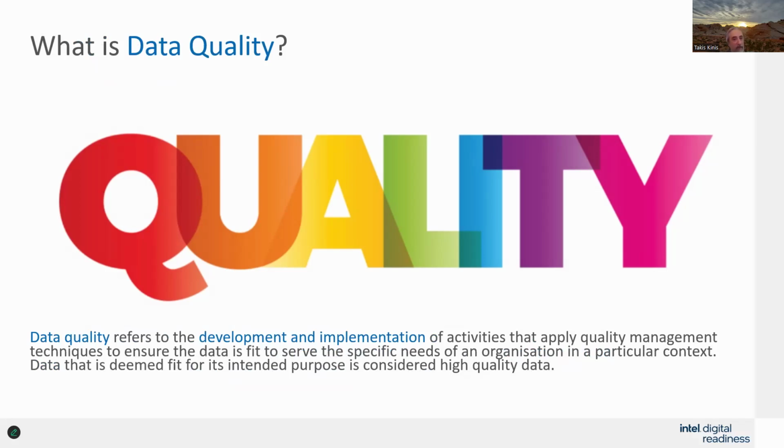And that slide in particular to me sounds a lot like information sciences or information studies, basically. It also refers to the development and implementation of activities that apply quality management to make sure the data is fit to serve the needs in the correct context. So, in other words, it has to be the right data for the right situation.